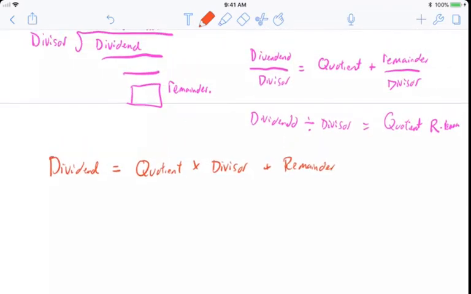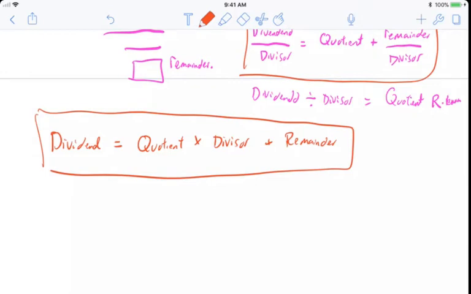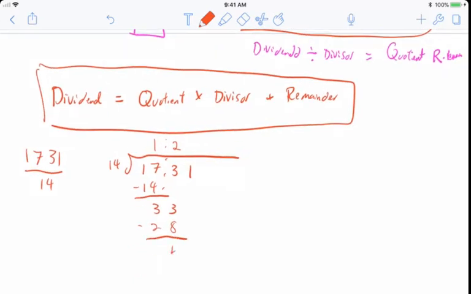I'm going to focus on these two relationships. Okay. So for example, 1731 divided by 14. So start off in this column. 17, so that's 1 minus 14 is 3, 33. That's probably 2 minus 28. 51. 3.